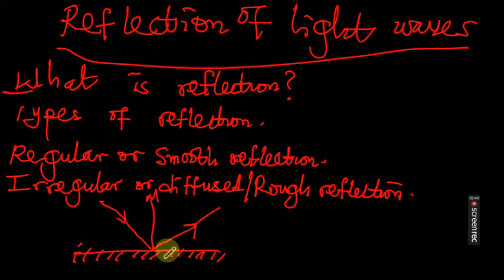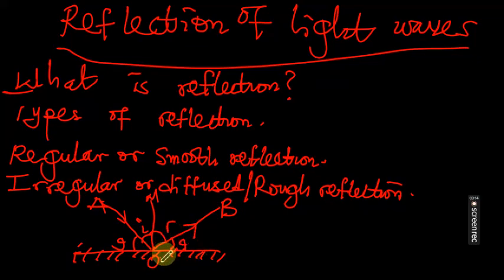Let's label this point O, and let's label this A and this B. So between angle AON you have what we call the angle of incidence, and between angle OBN you have what we call the angle of reflection, and beside the angle of incidence you have your glancing angle G. Here also you have another glancing angle G.